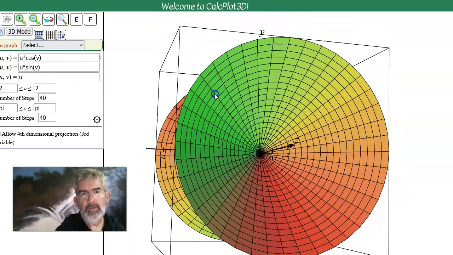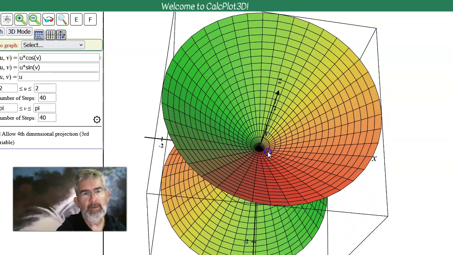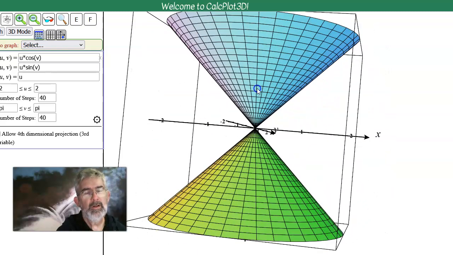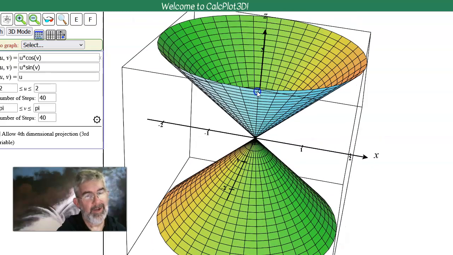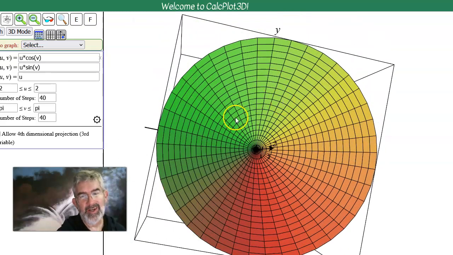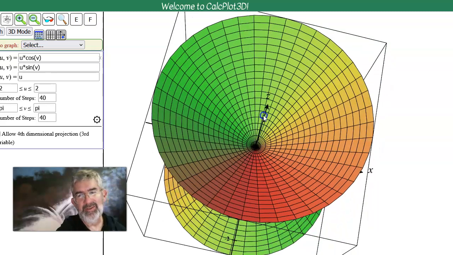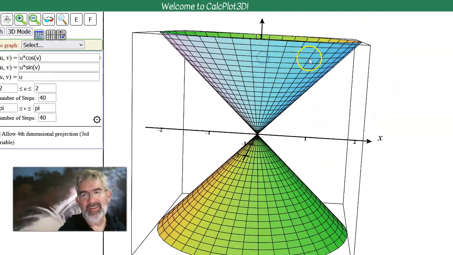So constant values of V are giving us these circles, but constant values of U, no, other way around. Constant values of U are giving us those circles. Constant values of V are giving us these lines along the cone.